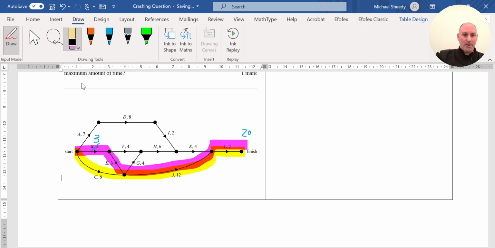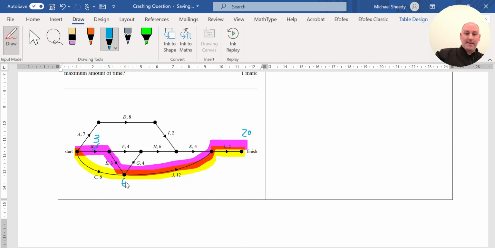So by reducing B by 2, you'll notice both the purple line and the yellow line get to that vertex after 6 days. 3 and 3, 6, or 6 along C. So by making that reduction, I'm now here at 6.